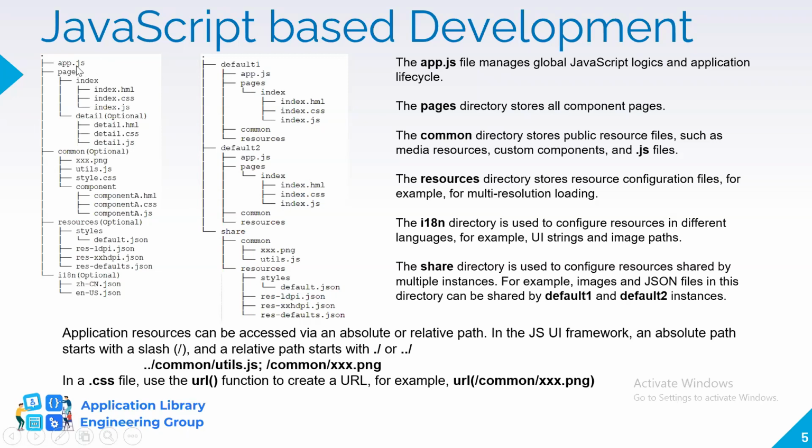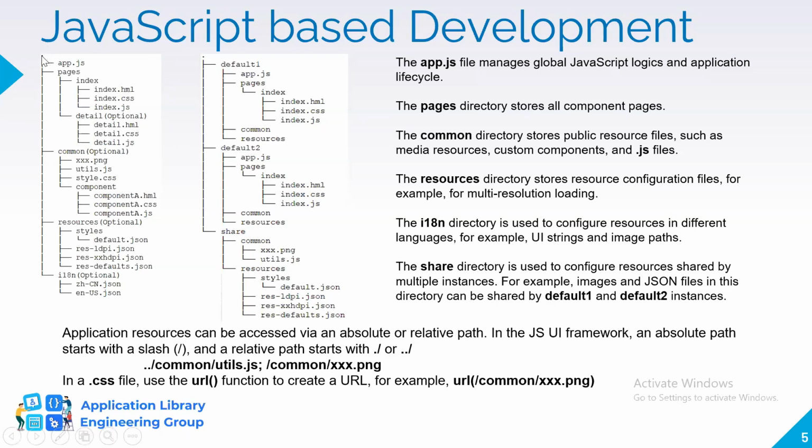The first one is app.js, followed by pages, and there will be one common folder which is optional, a resource folder, and an I18N folder. The first screenshot is the basic directory structure, and the second directory structure is just to visualize the resource sharing part.